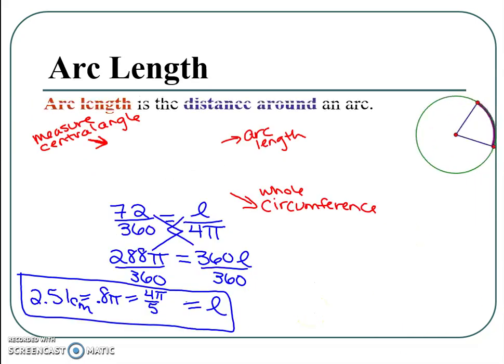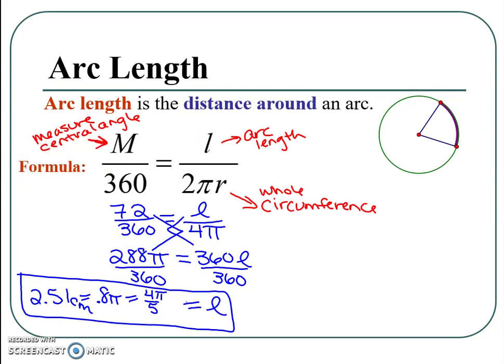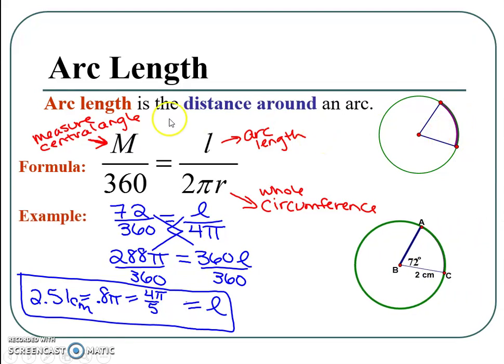Now we're going to do new formula today, which you have to remember. We're going to find arc length. Arc length is the distance around the arc right here. This is an arc. We want to find the distance around here. When we do that, we use proportions.